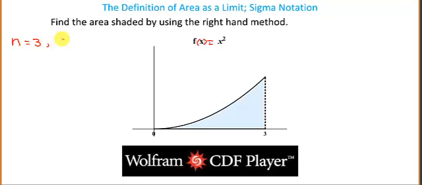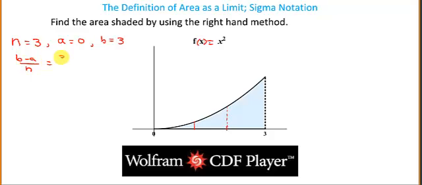The left endpoint of the interval that I'm calculating the area over is a, which is 0. We call the right endpoint b, and that's 3. So I'm going to divide this into 3 equal parts. The width of each is, in general, b minus a over n.